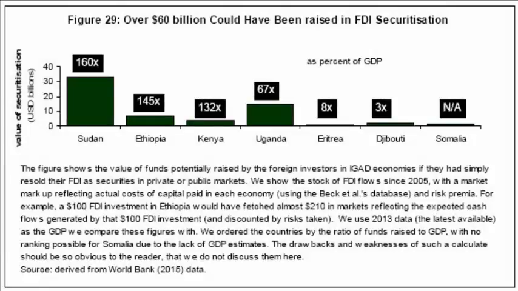The second infographic in this series focuses on the amount of money that could have been raised if these economies had a securitization-led development financing model rather than a debt-led one.